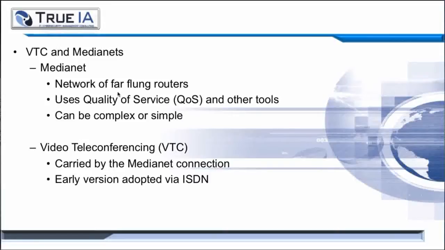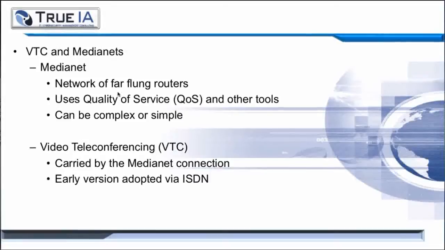Next is video teleconferencing. This is one of the items that are carried by the MediaNet connection. We used to use ISDN lines. However, ISDN lines are expensive, and considering all the other technical options that we have, there's really no need for the additional expense of an ISDN for a simple VTC.